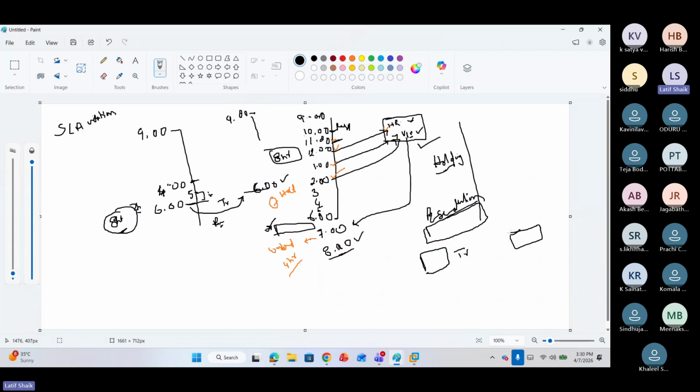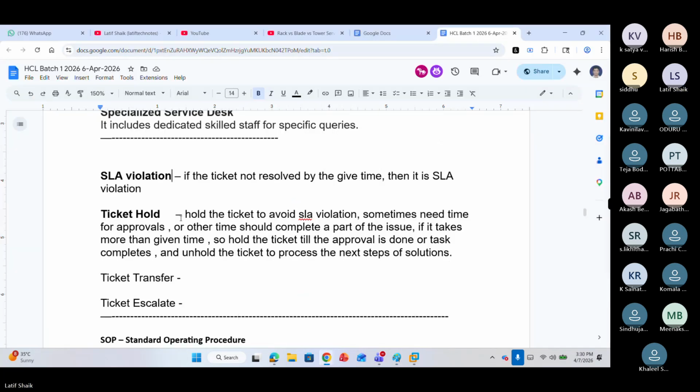So assign or transfer the ticket to that person. Okay, that is ticket transfer. Let's understand escalation, transfer, holding.